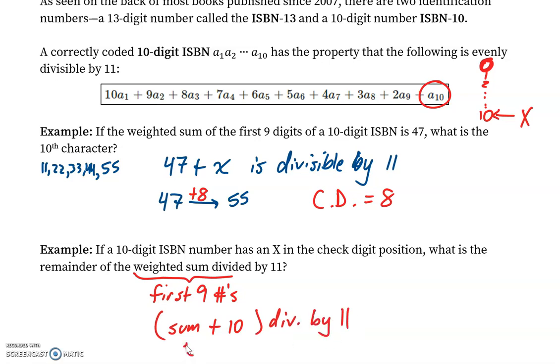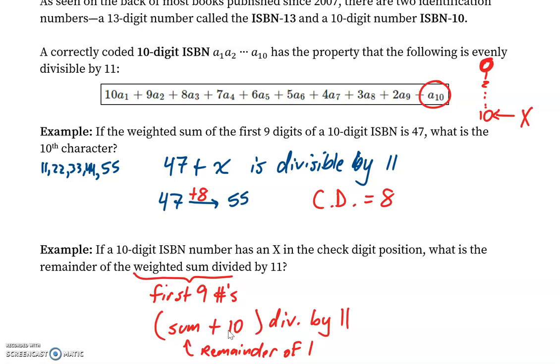Well, that sum probably had a remainder of 1, because we would need to add 10 to that to get a nice even 11. Of course, 11 is an odd number, but even in terms of we want to make sure we end up with something that at the end of the day is evenly divisible by 11.